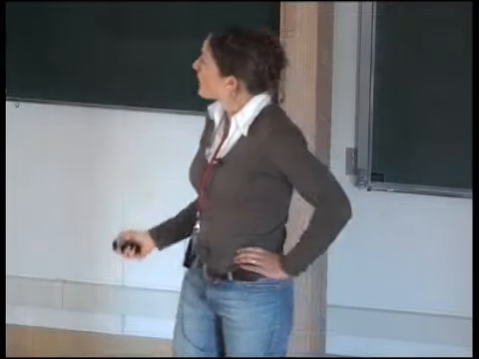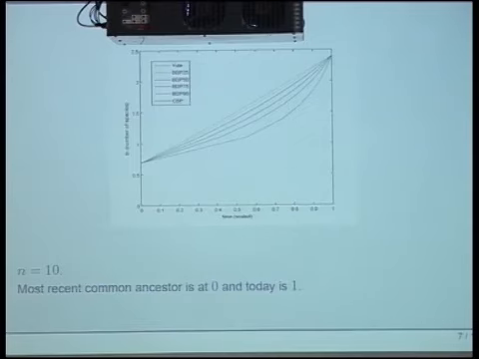Lineage-through-time plots are frequently used, so in dated phylogenies, you plot basically the time against the logarithm of the number of species and compare it to how those plots would look under the model. And now, since we know the expected time of the first speciation event, second speciation event, and so on, we can do this. This would be for the critical branching process. At 0, we had the most recent common ancestor.